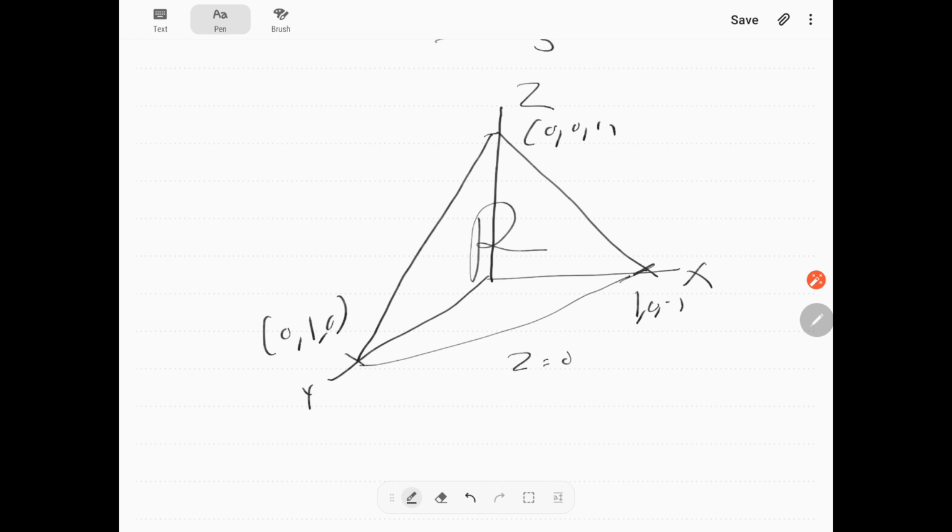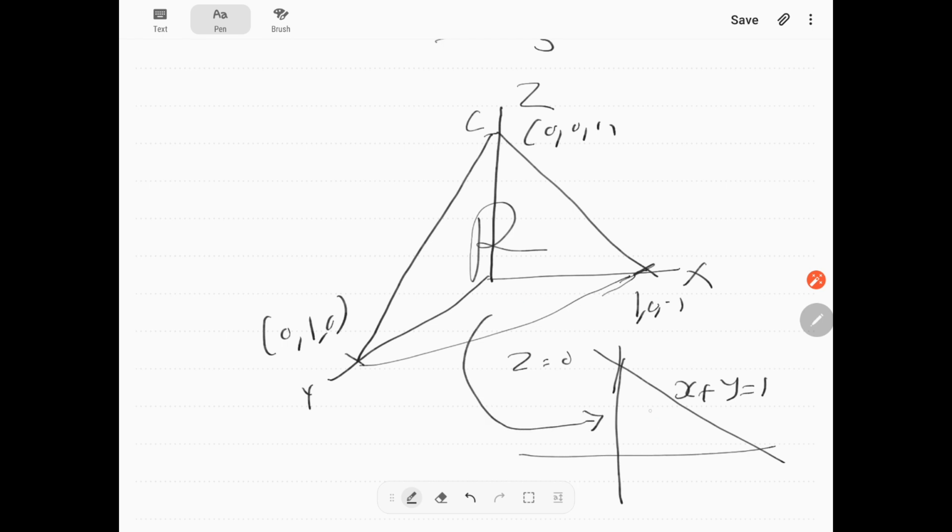If you focus a light from above, from this point C, the shadow will definitely lie only in this region, so your projected region is again a triangle formed by the x-axis, y-axis, and the line x plus y is equal to 1. That is your D, the projected region. So x and y vary in this D and z varies in this.